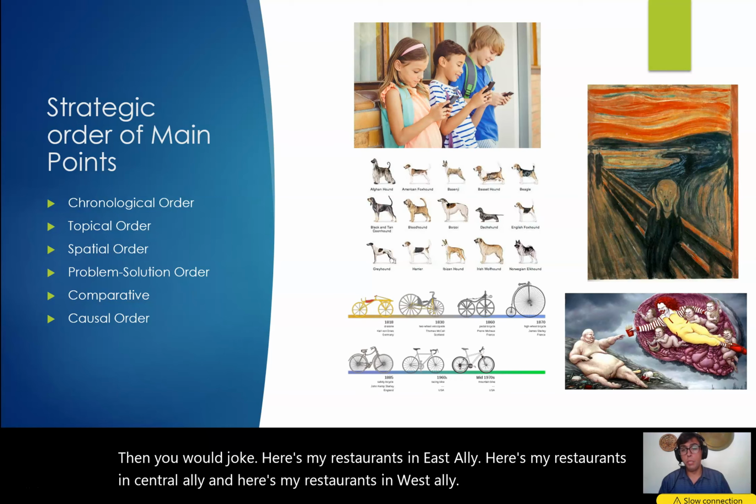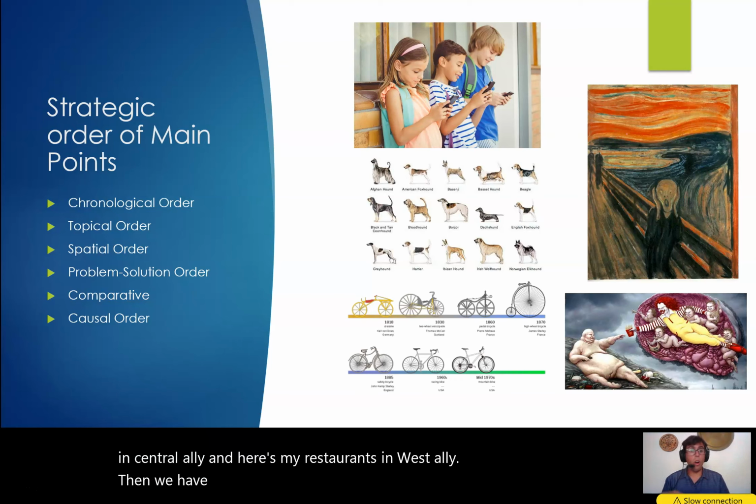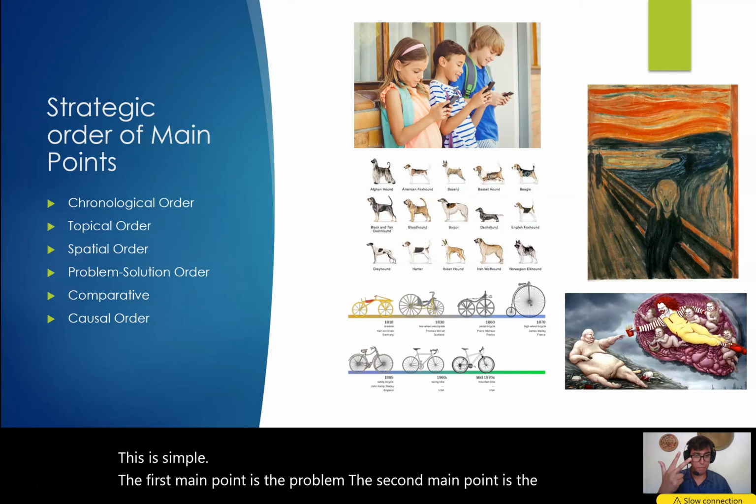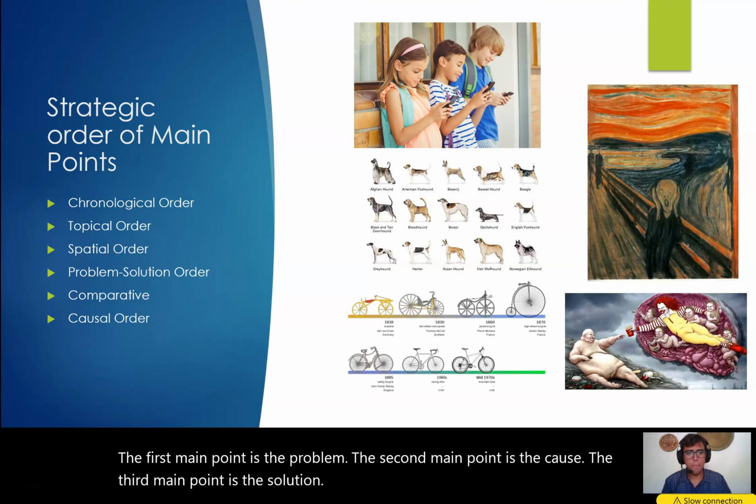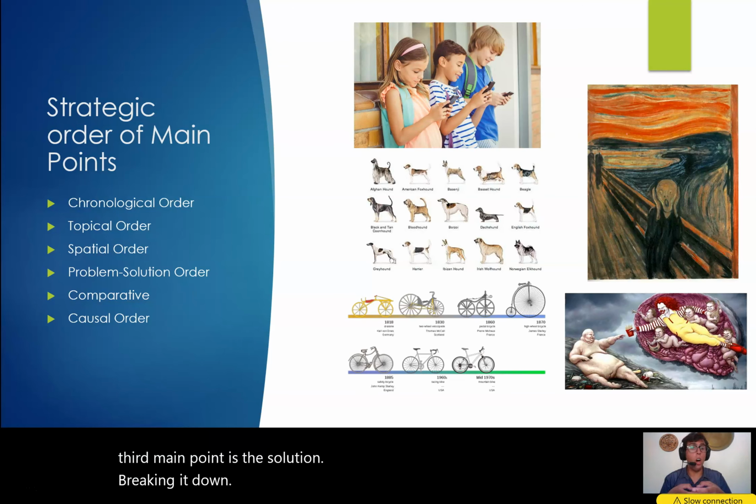Then we have problem solution order, also called problem cause solution order. This is simple. The first main point is the problem, the second main point is the cause, the third main point is the solution. Breaking it down, children on phones. What is the problem?